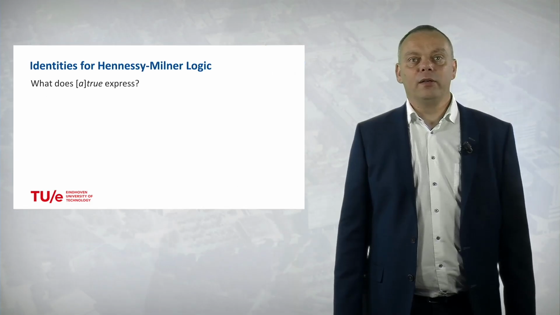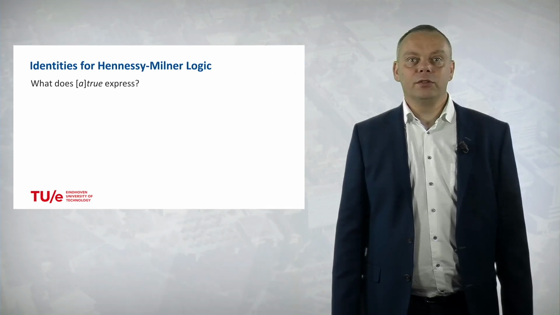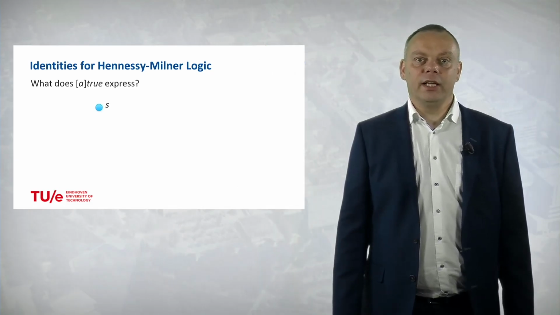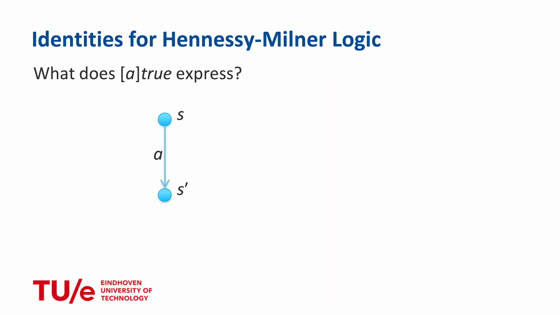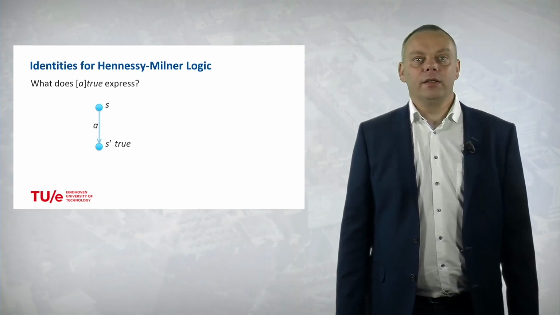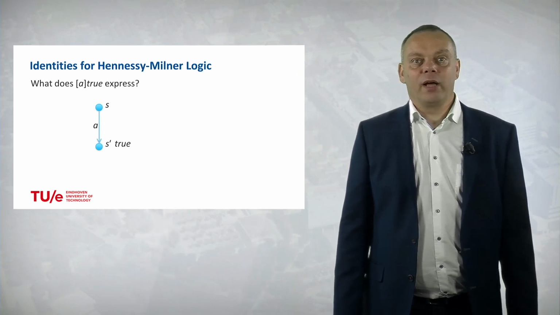And we do that by looking at this formula, box A true. And the question is, what does it express? So if we try to understand that, we can look at a state with an outgoing A transition. And then the requirement is that after any A transition, true should hold. Well, we know that true does not add anything. True is always valid, so it does not put any requirement on the target state.